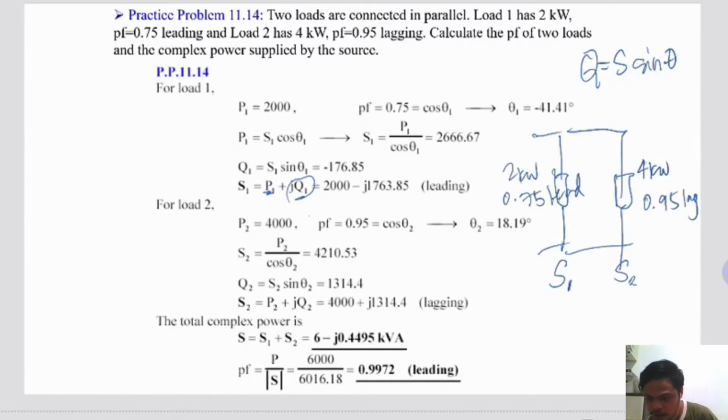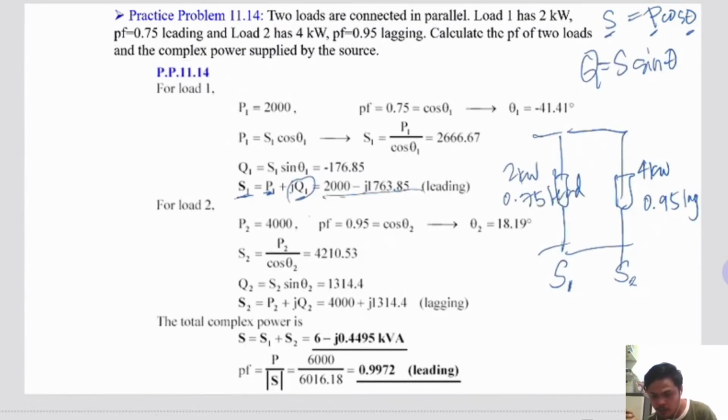S can be found as P over cosine of theta. So P is given, theta is given. We can now solve for the S value. If we do the substitution, we now have the value for S as 2,000 minus j1,776.85, leading.